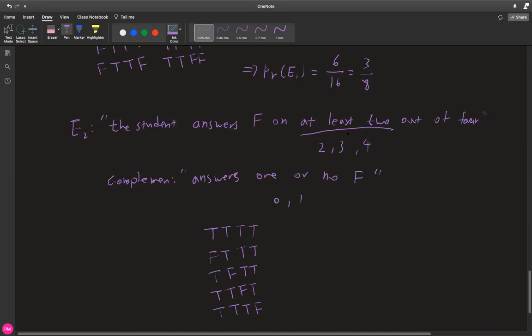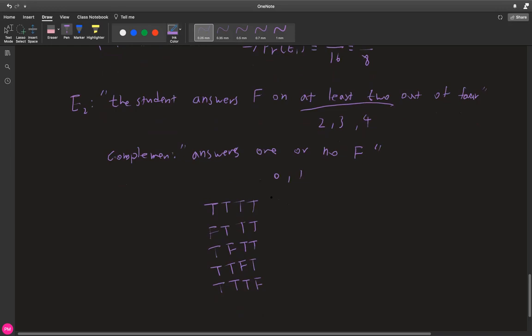So instead of counting the number of at least 2 Fs, it's actually a lot easier to count the complement. This is an intuitive decision. You could go ahead and count the number of outcomes for this exact event, and there's nothing wrong with that. I just thought this will be a lot easier to count. Counting 5 is a lot easier than counting 11.